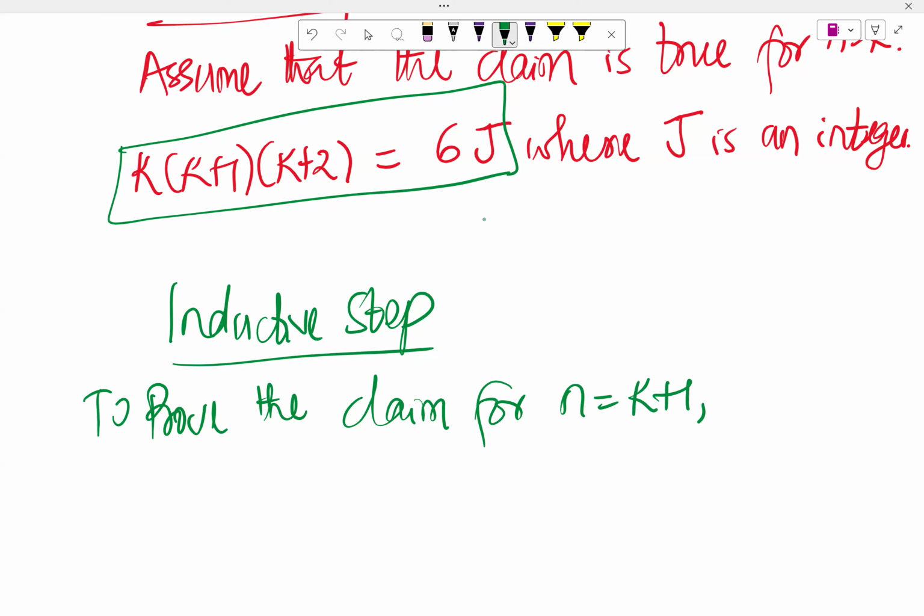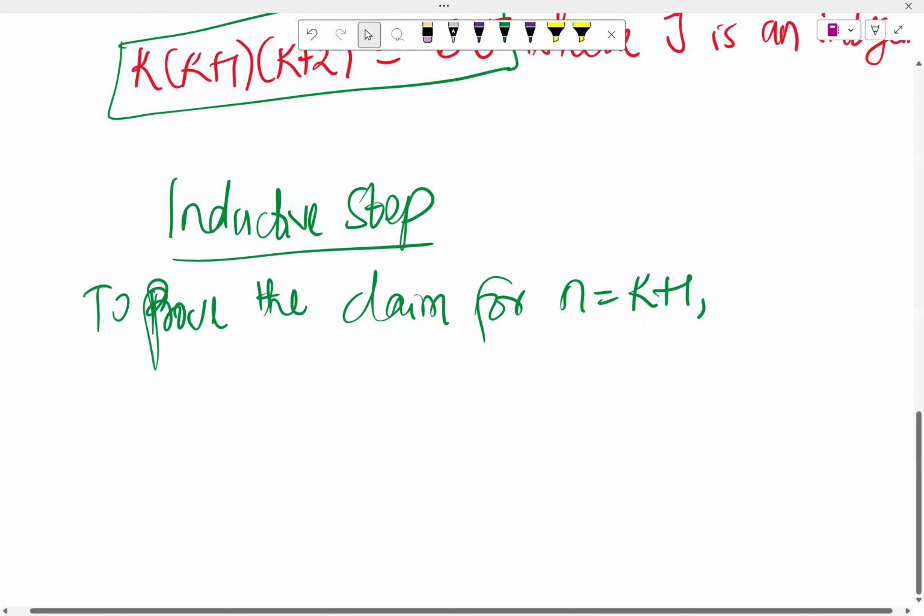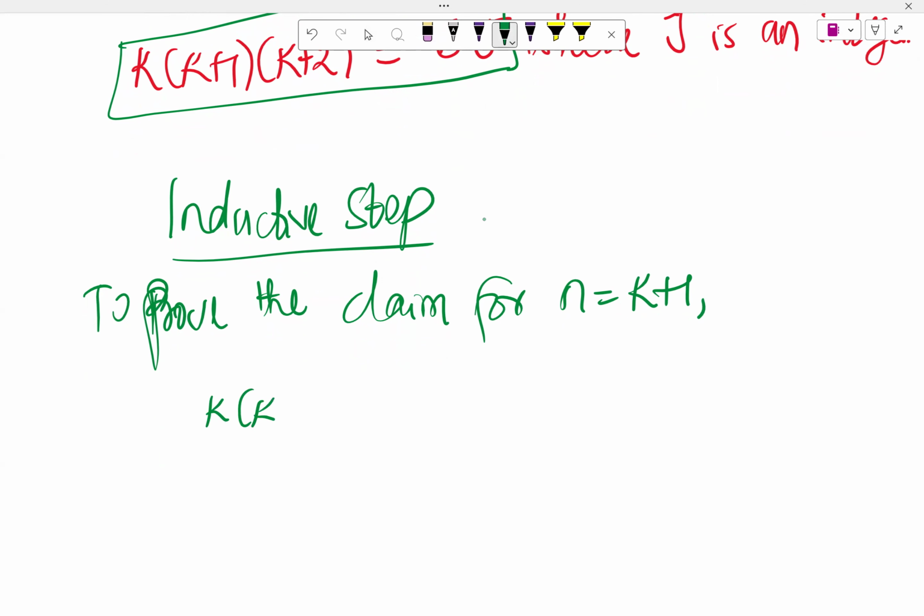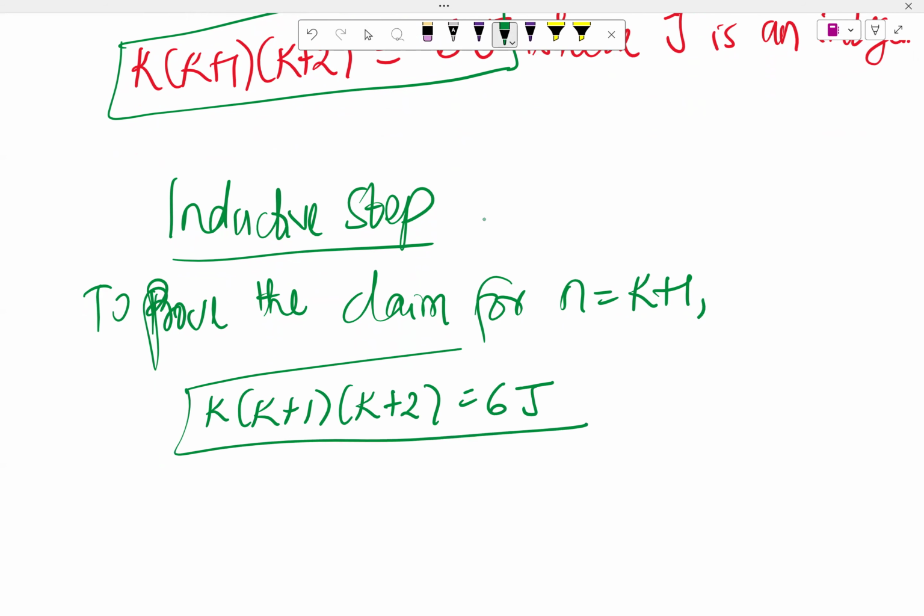Okay, we already know where we're coming from, right? That k into k plus 1 into k plus 2 is equal to 6j. Okay, we have that standing.